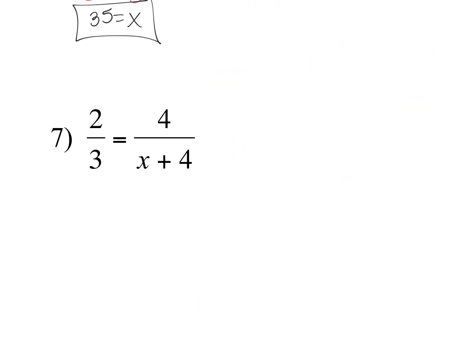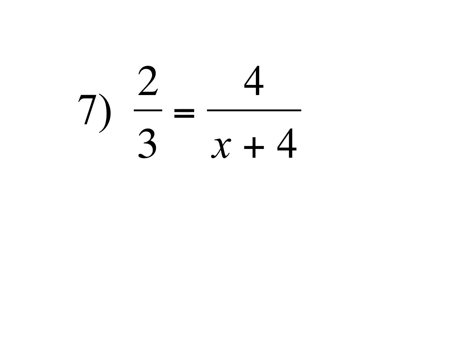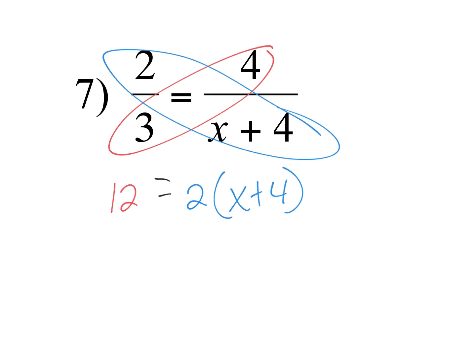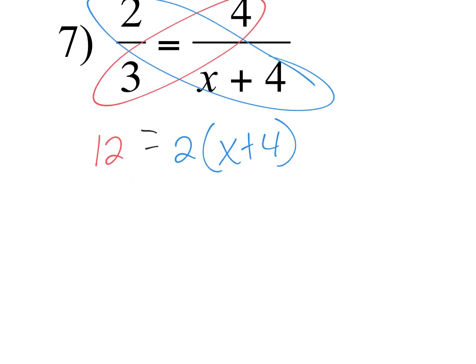All right, let's do a few more. Going to cross multiply. 3 times 4 is 12. Then this one is going to be 2 parentheses x plus 4. Go ahead and distribute your 2. So you have 2 times x is 2x. 2 times 4 gives you 8.